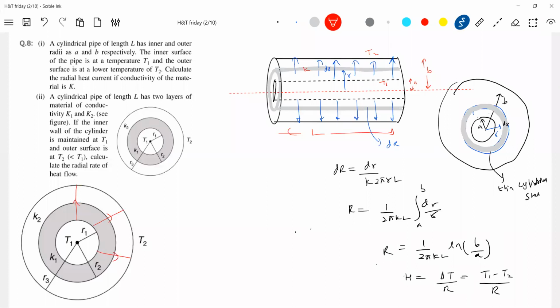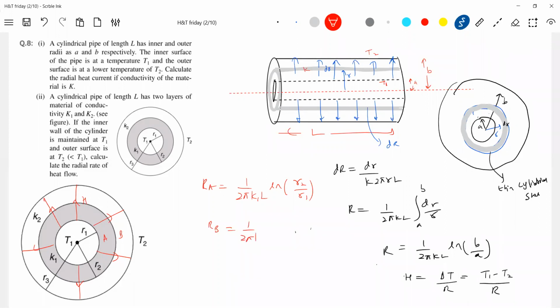So are they in series or parallel? Definitely they're in series. Same amount of heat. So what is the resistance of each? First the inner one. Shall I call these A and B? RA should be equal to 1 by 2 pi K1 L times log of R2 by R1.